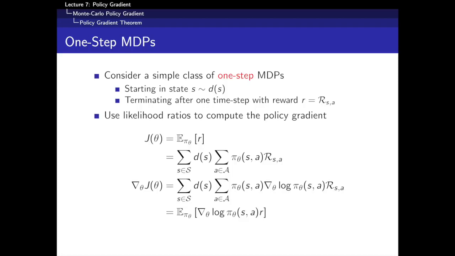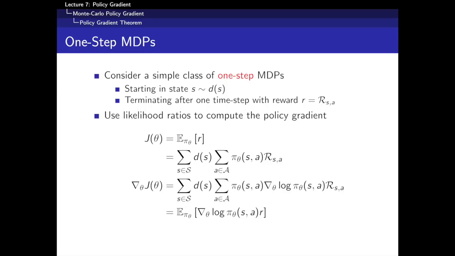And so our objective function is just the expected reward under our policy. So we want to find the parameters which give us the most expected reward. And so we want to find the gradient of this thing and ascend it, which will give us more expected reward. If we're thrown into any state and we pick an action according to our policy, we want, in expectation, that to give us the most reward.